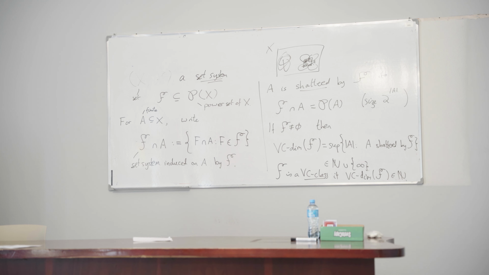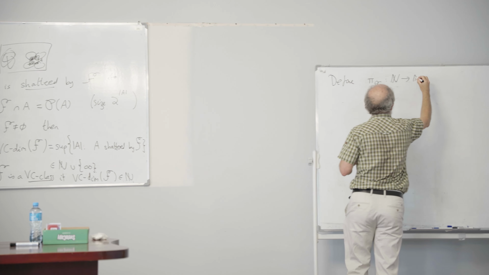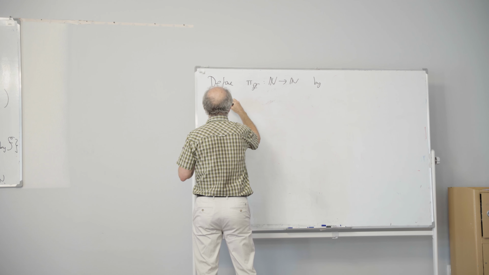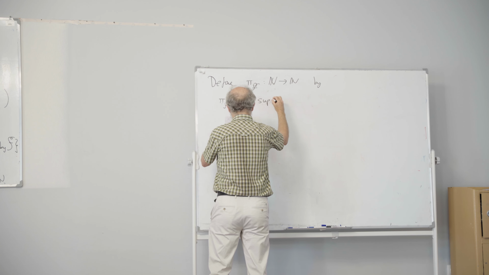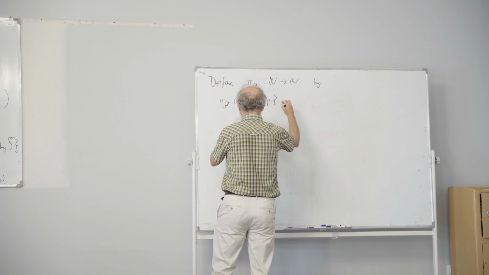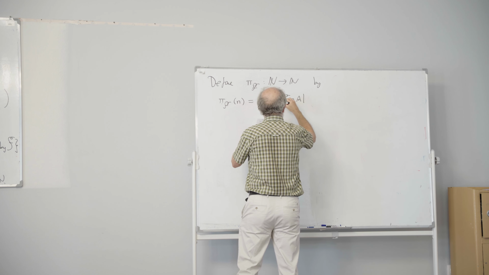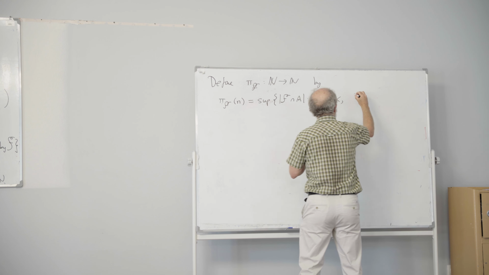So another definition. We define a function pi curly F from N to N by: pi curly F of n is the supremum of the sizes of F intersect A, where A is contained in X and the size of A is n.